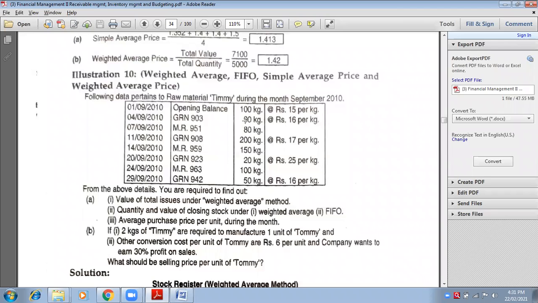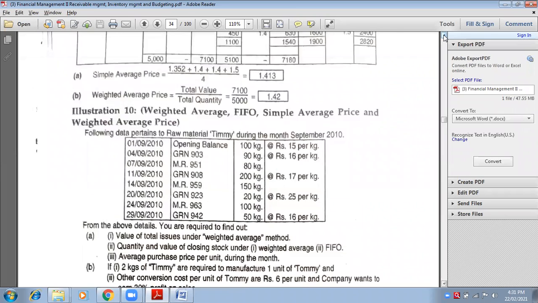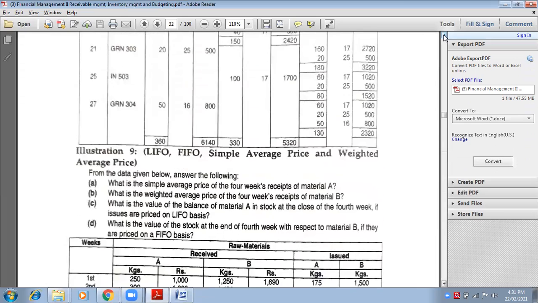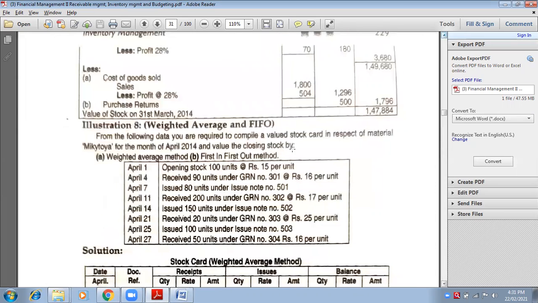So for receipt, 90 kg at 16 per kg, issued 80 kg. Again, receipt 200 at 17 per kg. I think these are the same values, 90, 16, 80. It is the same as the 8th question only.